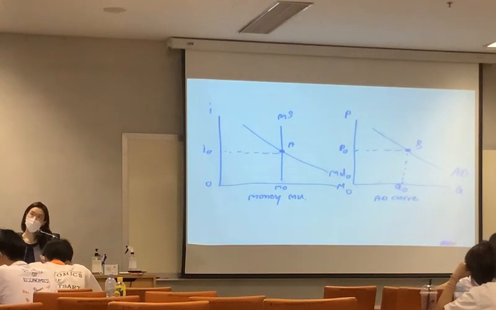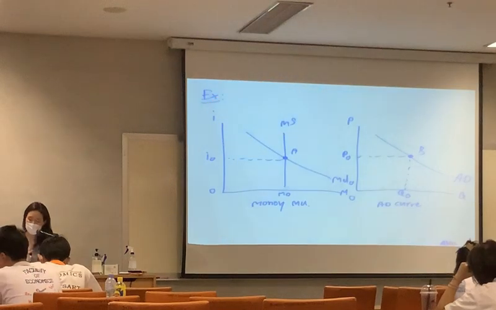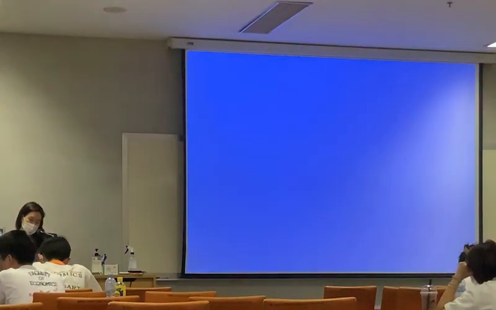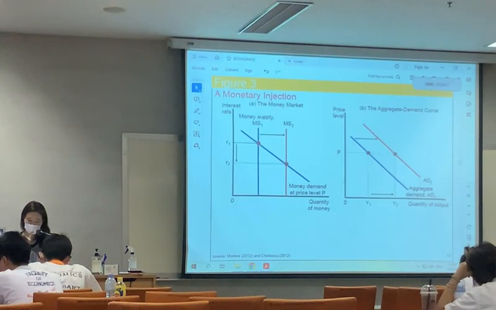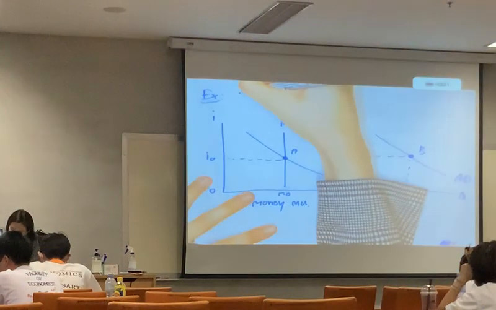Okay, now what happened? I suppose, because the slide doesn't tell you what happened, in fact they let money supply shift right. Suppose what happened? Okay, suppose.